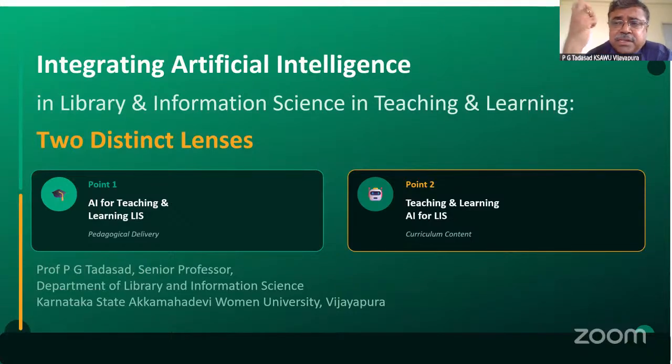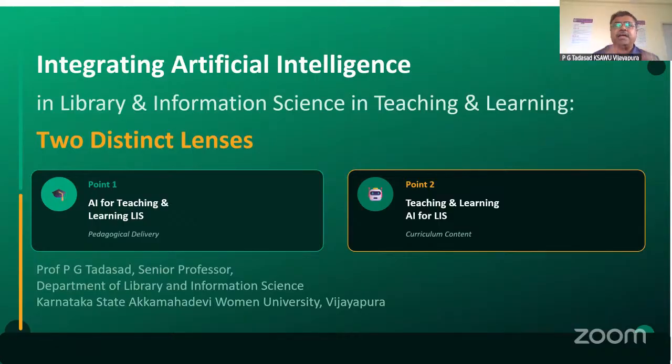So under the circumstances, we now have a tool, the AI tools. Whether those AI tools can be integrated into library and information science in teaching and learning. This aspect has two different lenses. It will see LIS teaching and learning through two different lenses.